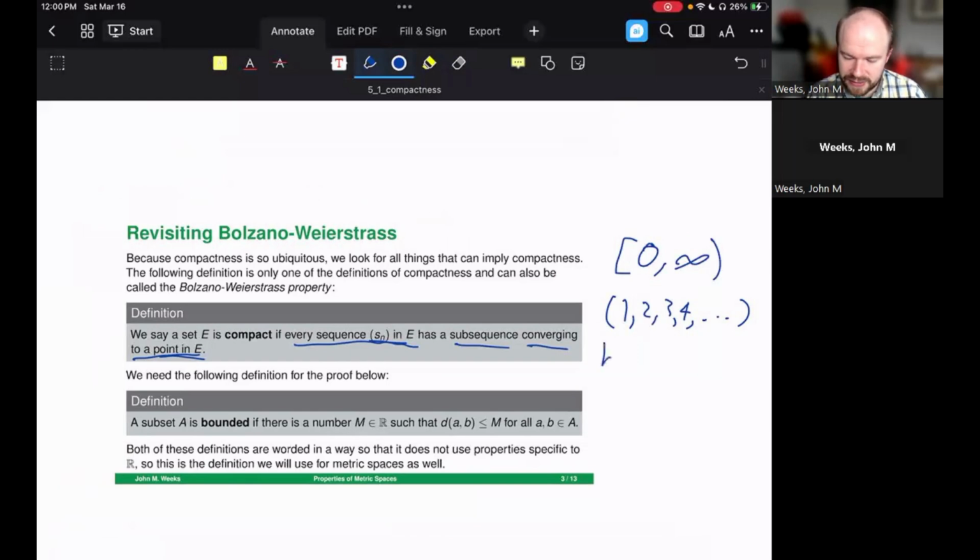So this has no convergent subsequences in the relative metric on R.